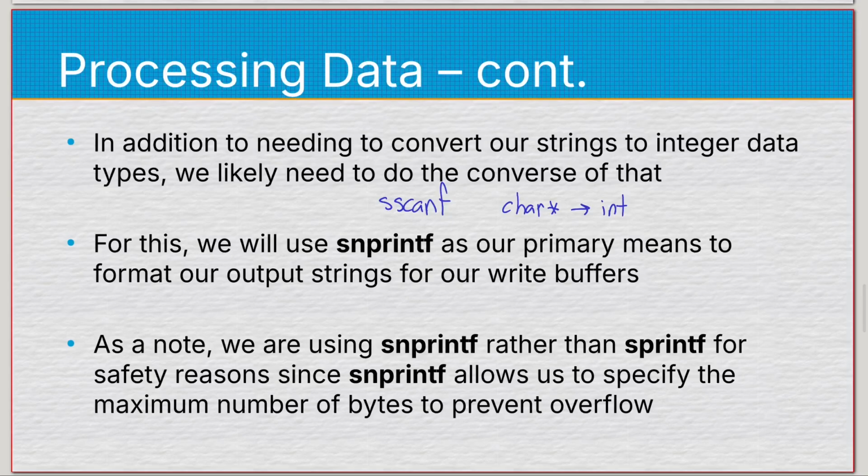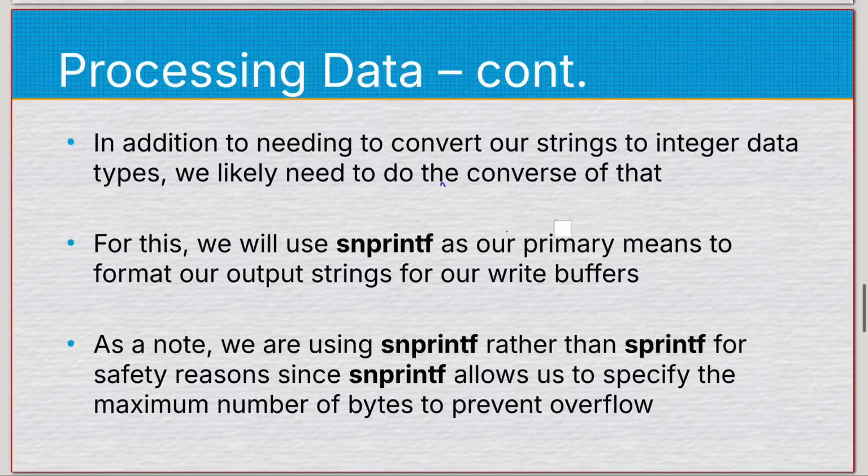And then if I want to do this the other way around, I would use snprintf, which goes int back to char star. That's kind of the idea that we're going for here. Let's flexibly manipulate our data back and forth between character arrays and numeric data types and back to character arrays. And they're kind of converses of each other.